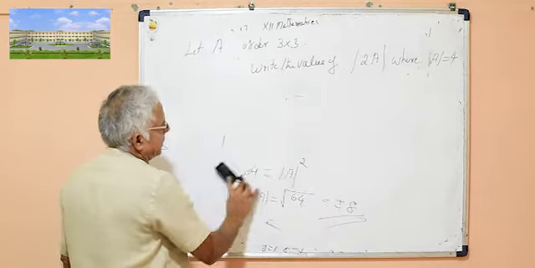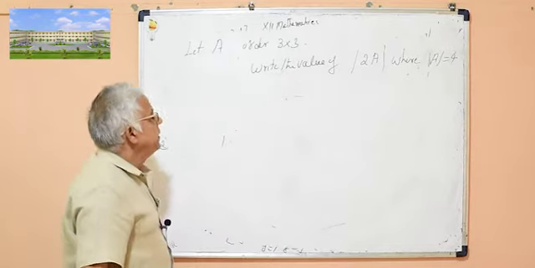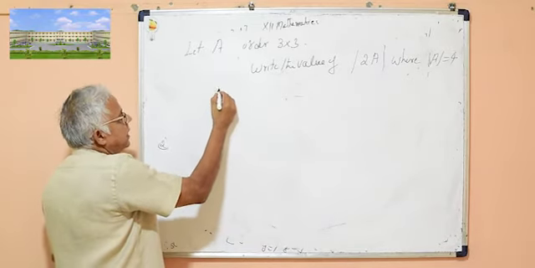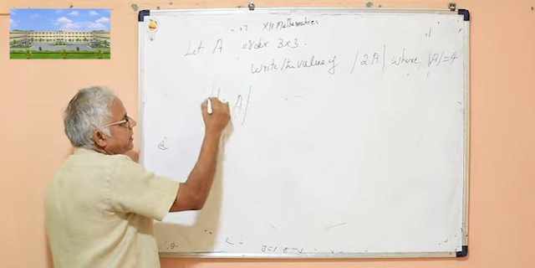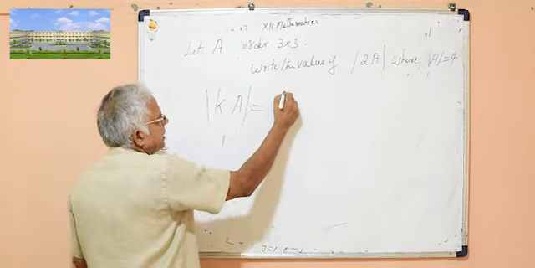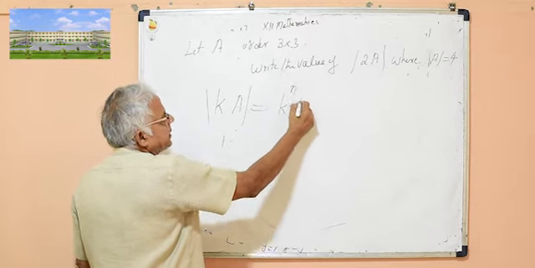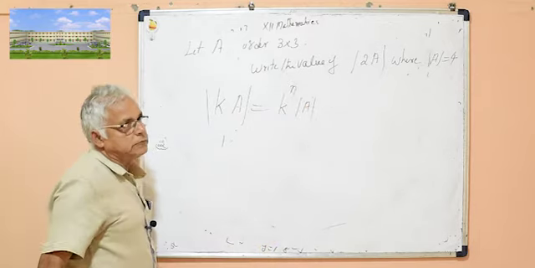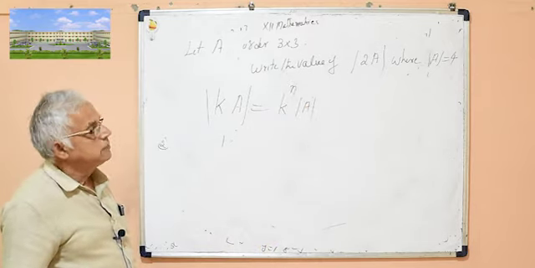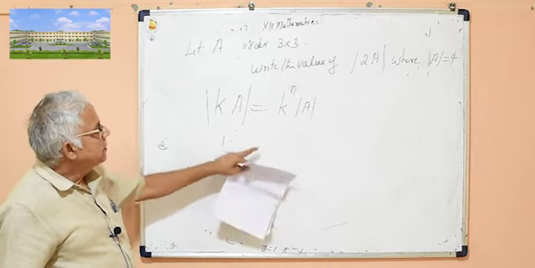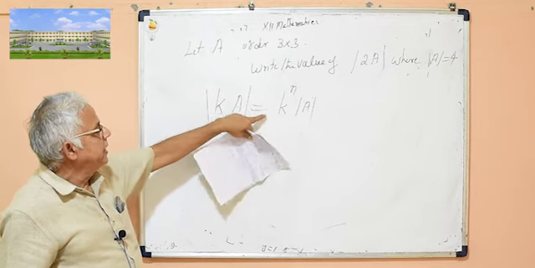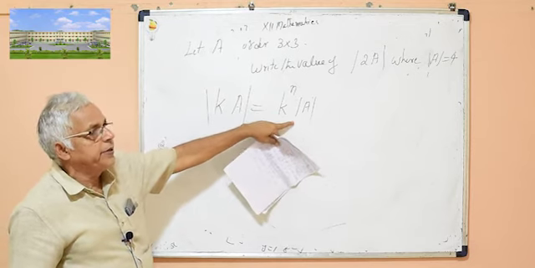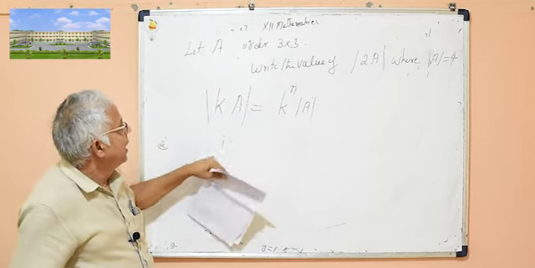Find determinant of 2A. We know the formula: determinant of constant k into matrix A is equal to k raised to n into determinant of A. Remember this formula.